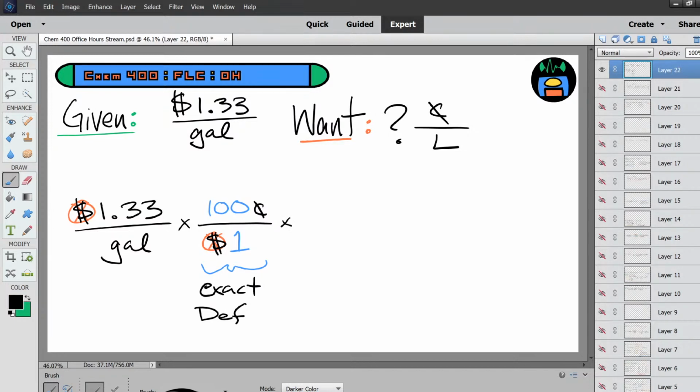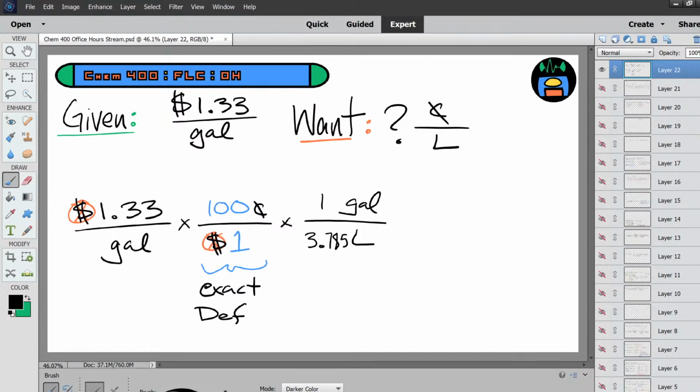Now, to convert from gallons to liters takes us from one system to another, right? Gallon is an English unit, liters is a metric unit. 1 gallon is 3.785 liters.